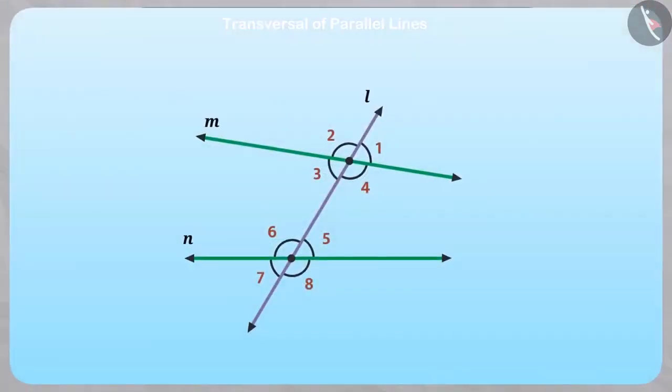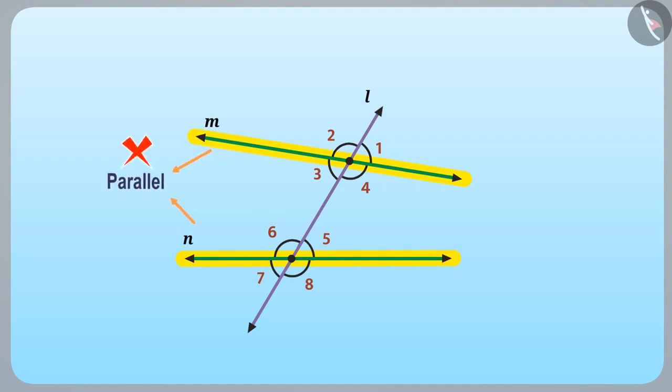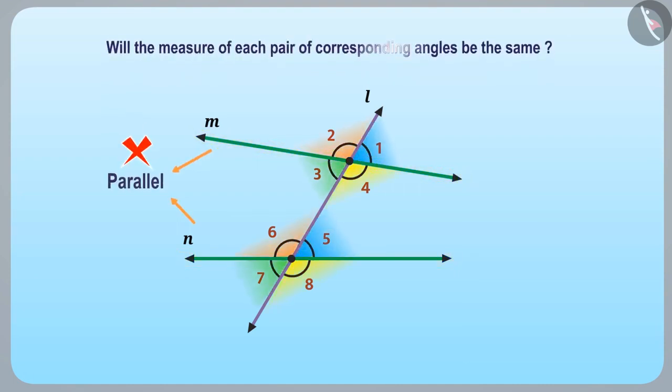Now, look at this figure, in which it shows two lines and its transversal. But here, the two lines are not parallel. Would the measure of each corresponding angle be the same? Even in this case, we can think. Let's find out.